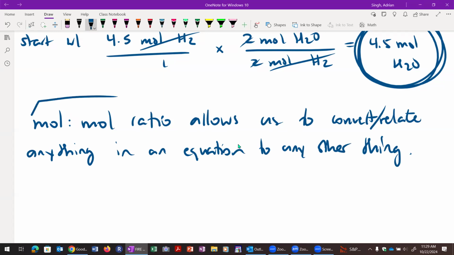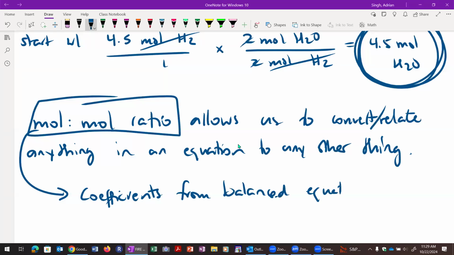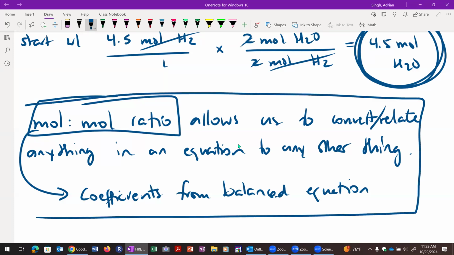This is the key thing that we're using in any stoichiometry problem. That's a mole to mole ratio. Where do we get that ratio from? These are simply the coefficients from the balanced equation. If you keep that in mind, in every stoichiometry problem you do, that's at the heart of every single one of them that you're going to do.